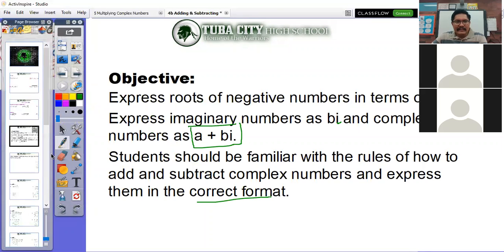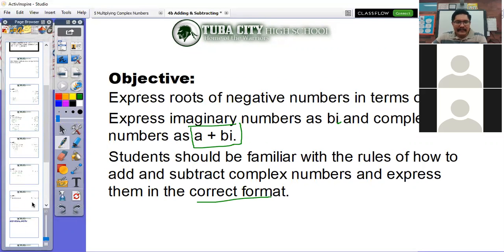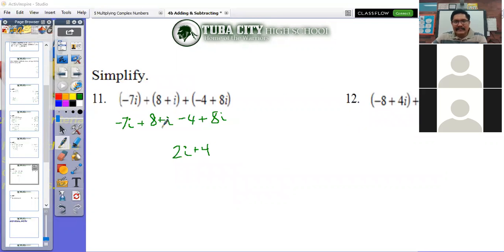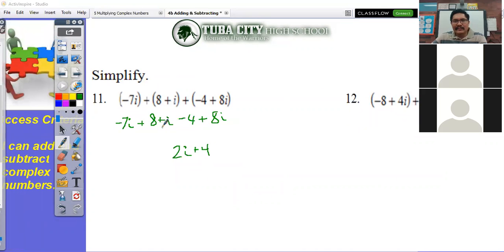I always get people that will bring that up, like, oh, but the numbers are all there, the numbers are right, using the commutative property. Well, okay, yeah, technically you're right, but the goal of the lesson is also to write complex numbers in the correct form. So when you write them in the correct form, it's going to have to be real number, then imaginary number. And then we're done with that one.